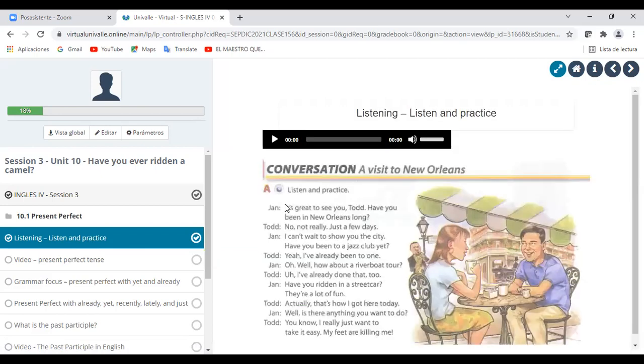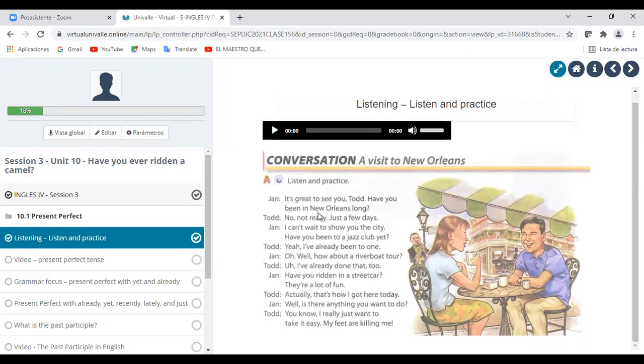This is a conversation between Jen and Todd. Both of them are taking a visit to New Orleans. We're going to listen to the conversation, and then you can practice the vocabulary and highlight the unknown words that we found in this conversation.